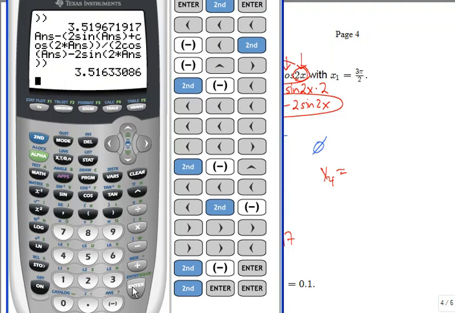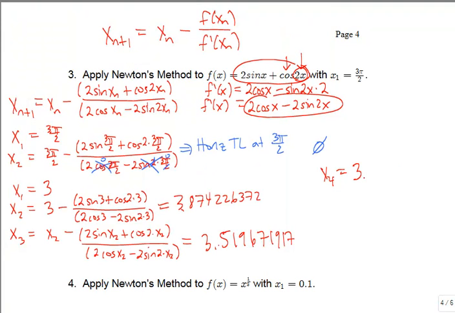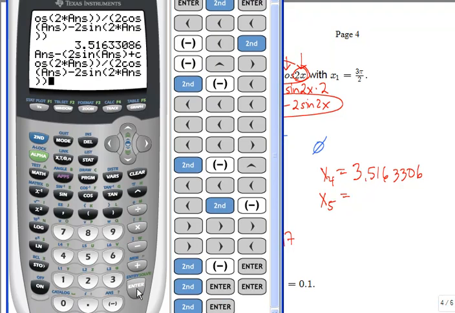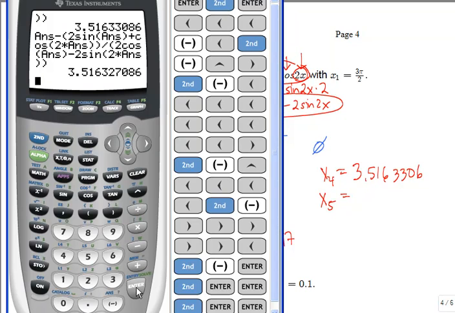So we get 3.51633. And let's try it one more time here, just so you can see. So if I do second entry, hit enter, 3.516327086.